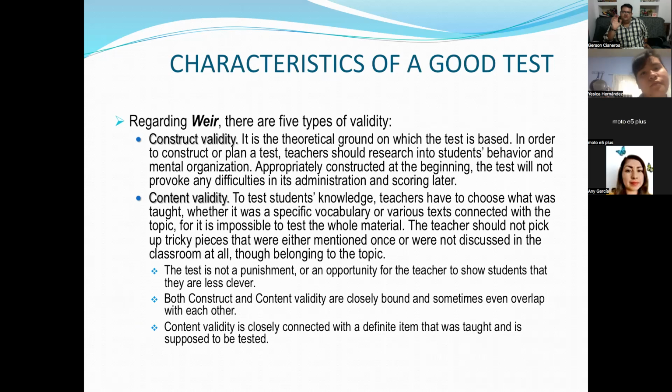In order to construct or plan a test, teachers should research into students' behavior and mental organization. A properly constructed test will not provoke any difficulties in its administration and scoring later. In other words, the first characteristic to make a test valid is: will your students be able to answer it?